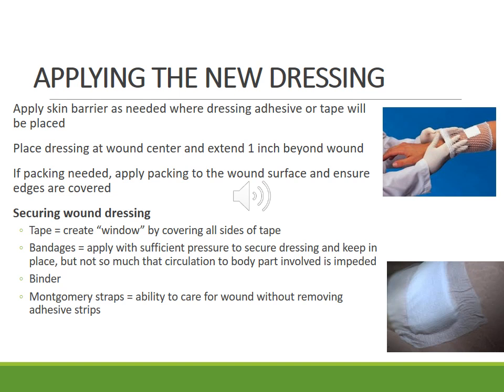We're going to place that dressing in the center of the wound, and it should extend about 1 inch beyond the wound. If packing is needed, we're going to apply the packing to the wound surface and ensure that edges are covered. When we're securing our dressing, depending on what we're doing here, we're going to use tape to create a window by covering all the sides of that dressing with the tape.